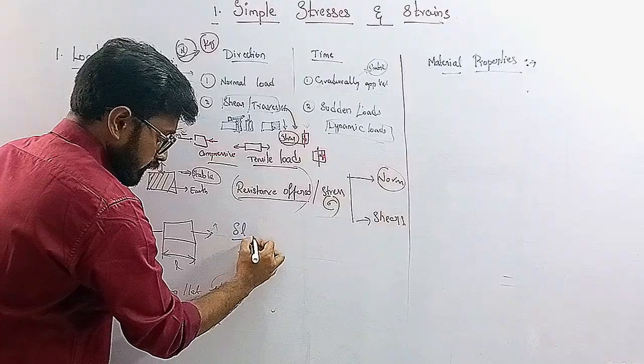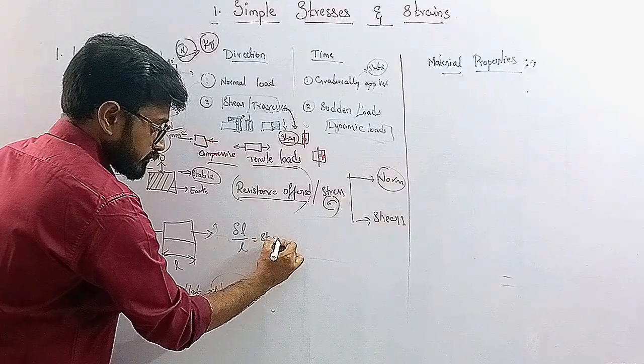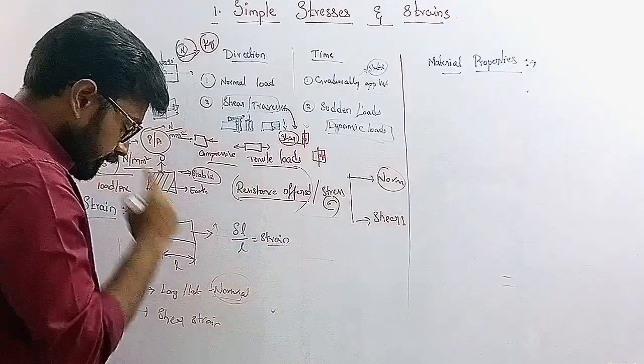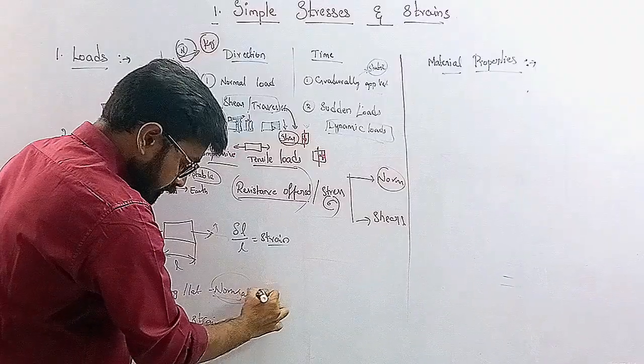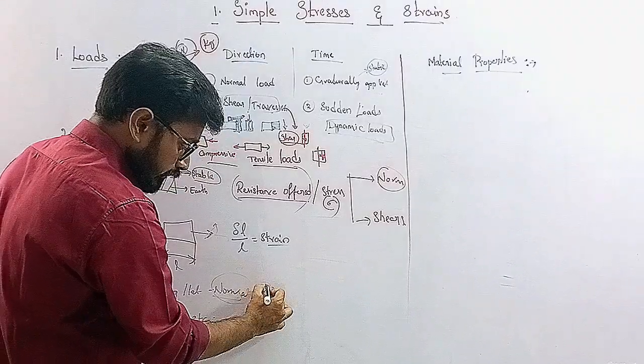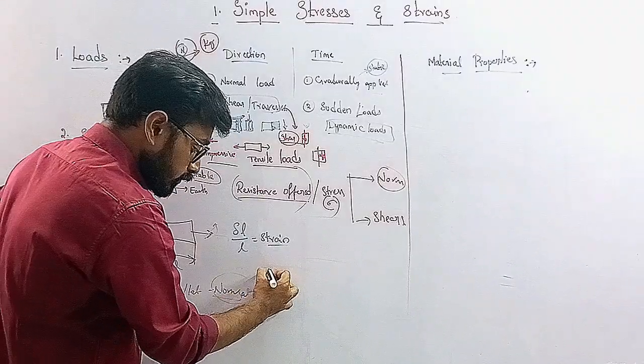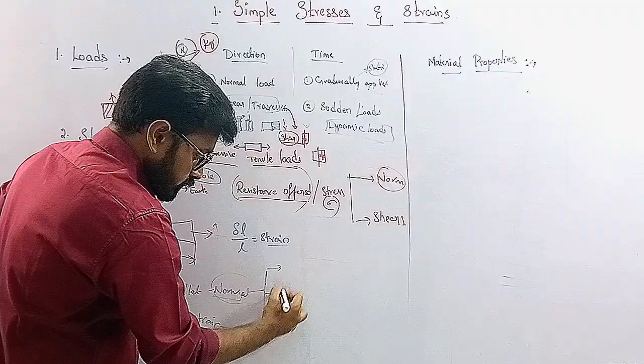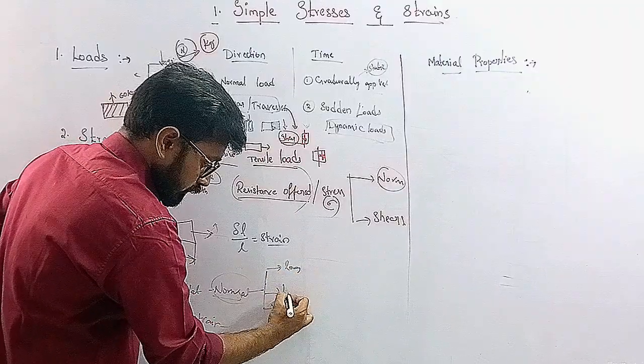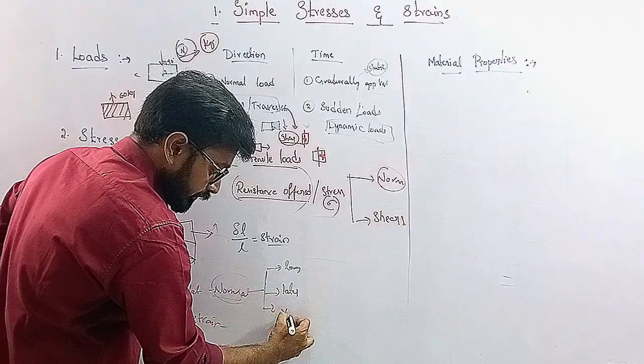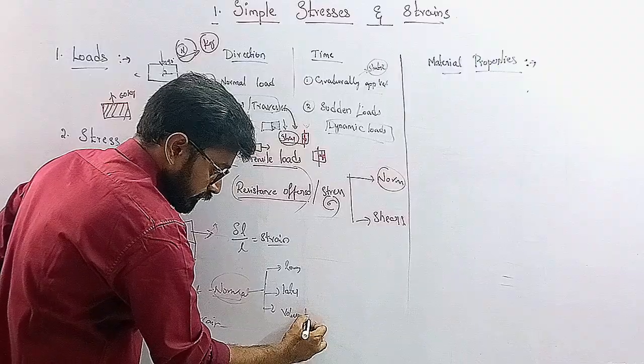Delta L by L is the strain, right? Again the strains are classified into normal strain and shear strain. The normal strain will be classified into three types: longitudinal, lateral and volumetric, right?